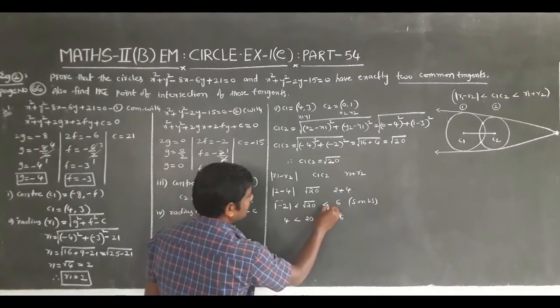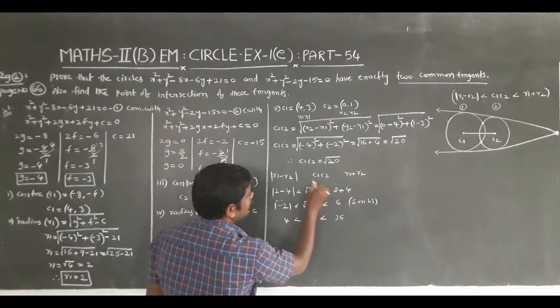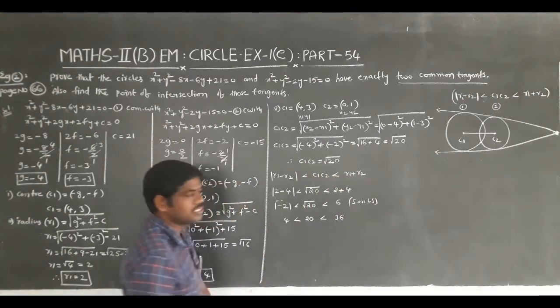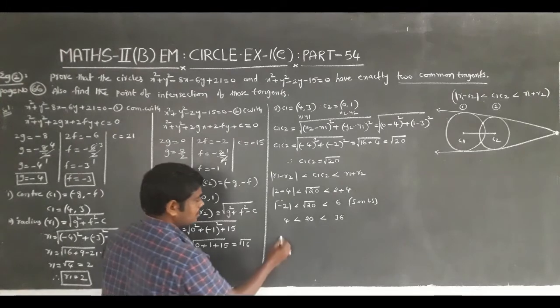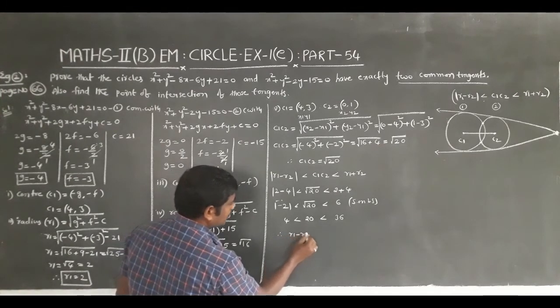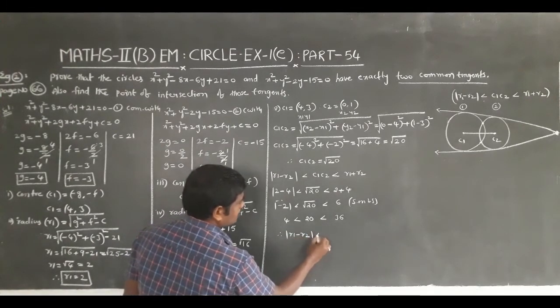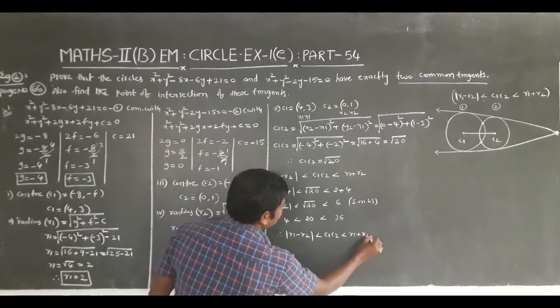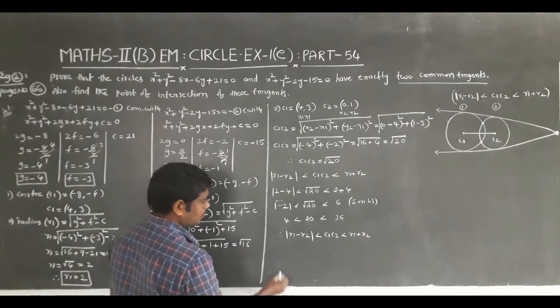So here mod of R1 minus R2 is less than C1C2 is less than R1 plus R2.